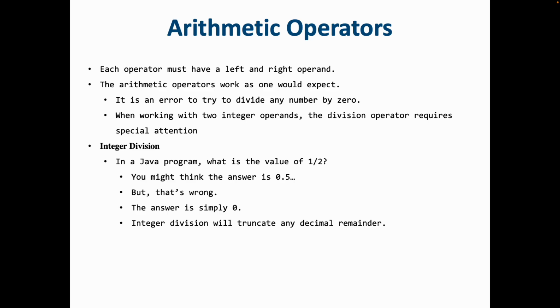Like 7 divided by 3, as an integer division, the result will be 2. So the decimal point will always be removed when we do an integer division. If you want to get 0.5 as a result, then you should use float numbers or double numbers. Otherwise, if you divide two integers, it won't have any decimal points.